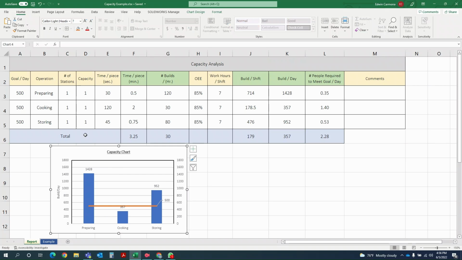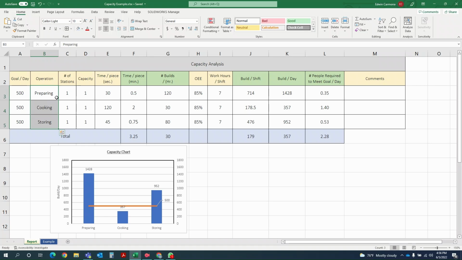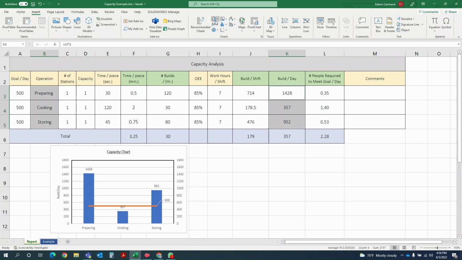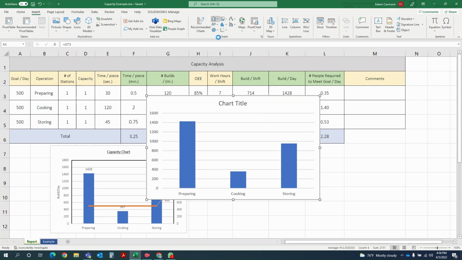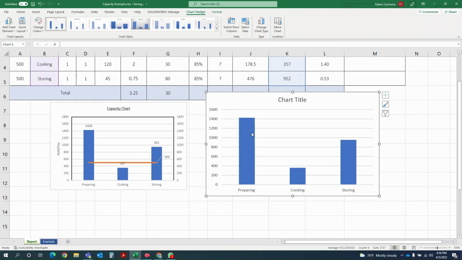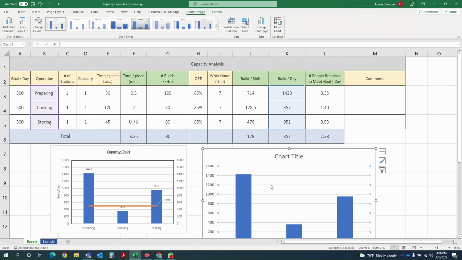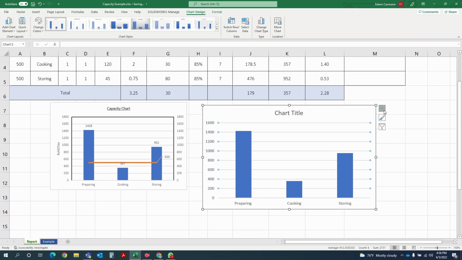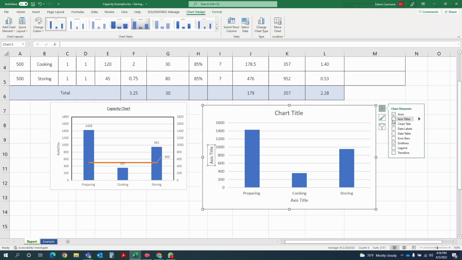So for the capacity chart, what I did is you want to select the operations, and if you're looking for the build per day, select this as well. Let's go to insert, 2D column chart, and while I'm in here, I can put my axes titles.